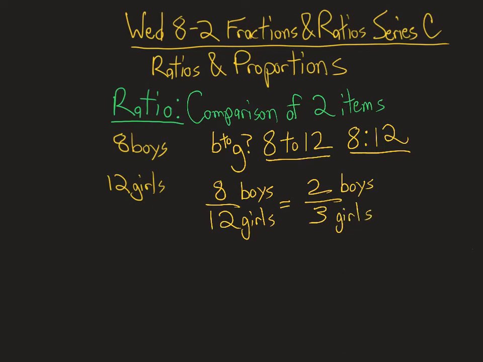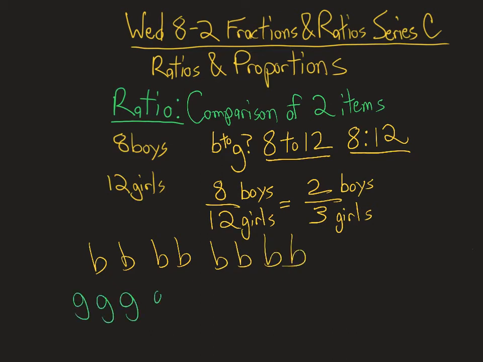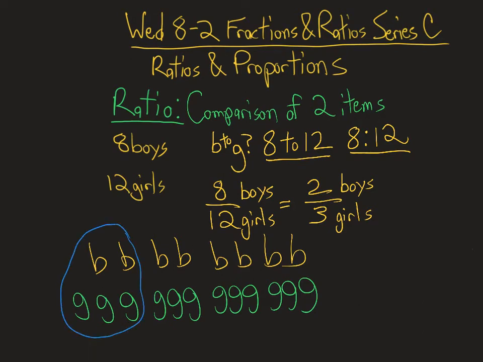If we were to draw out eight boys and then 12 girls, we can see for 8 boys and 12 girls, we've got 2 boys for 3 girls over and over, which means that ratio is true, both as the original fraction, 8 to 12, and as the reduced fraction, 2 to 3. So it's just a comparison of boys and girls. All right, moving forward.